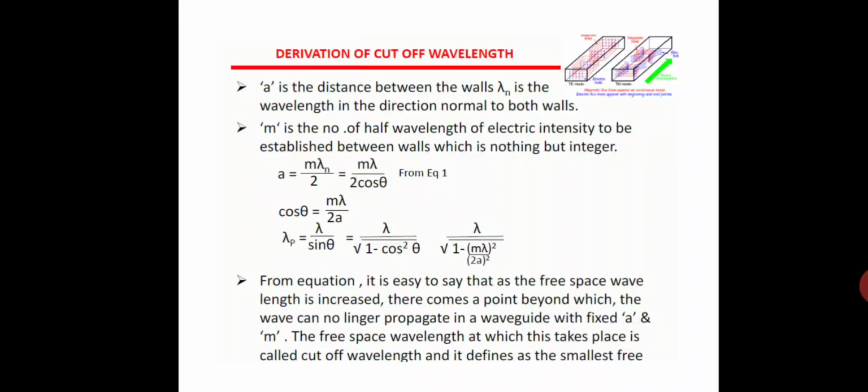Waveguides will only carry or propagate signals above a certain frequency known as the cutoff frequency. So, what is cutoff frequency? Below the waveguide cutoff frequency, it is not able to carry the signal.